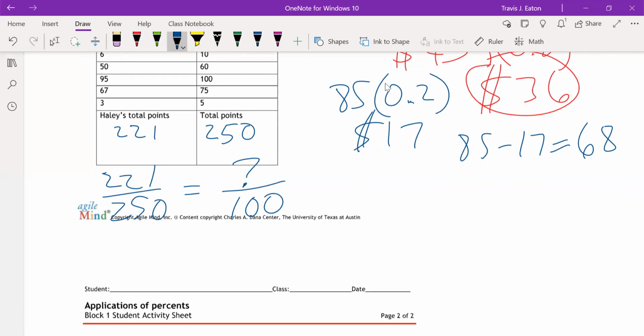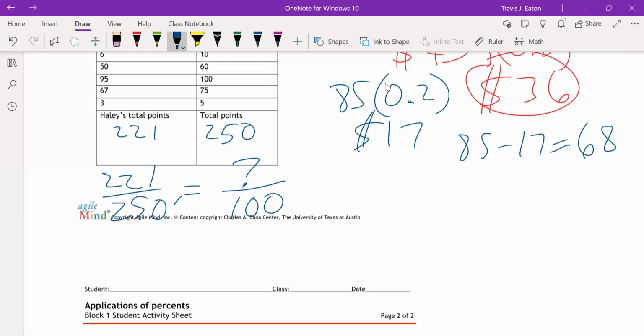All right, well, one way we could do that is, how do we take 250 and make it 100? Well, we would have to divide, right? We'd have to multiply by something smaller to make it into 100. So let's find that out. Using proportions, we're going to take that 100 and divide by 250, and that's going to be 0.4.